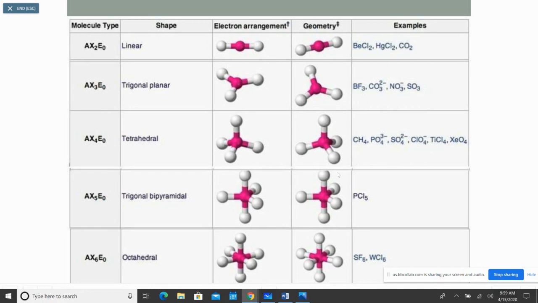If you look at this structure model, it shows you how they look in 3D shape. So if you want to visualize octahedral, you can look at this shape. If you look at the geometry, there is a central atom A, and it's surrounded by 6 of these atoms.